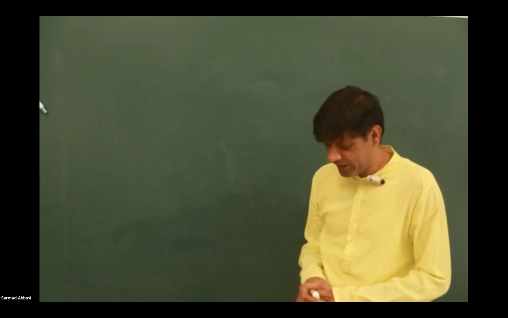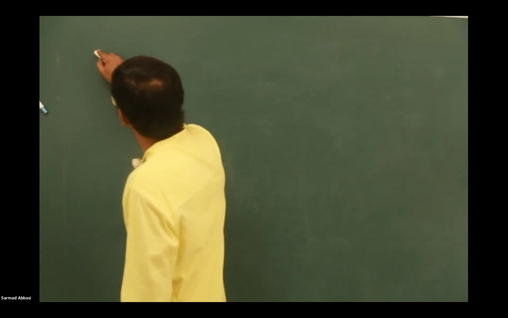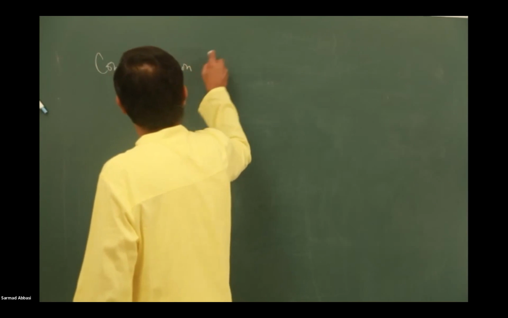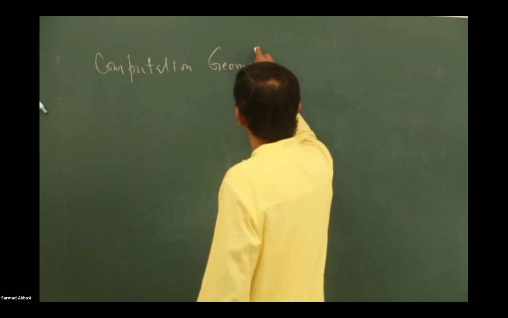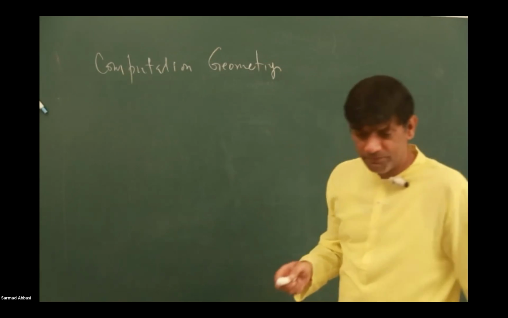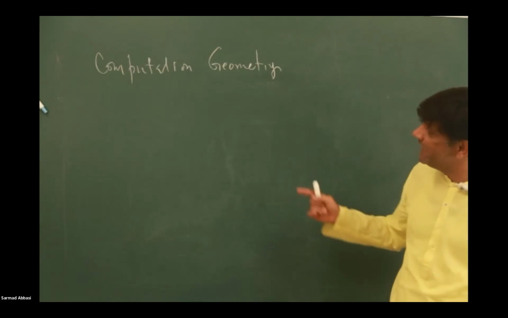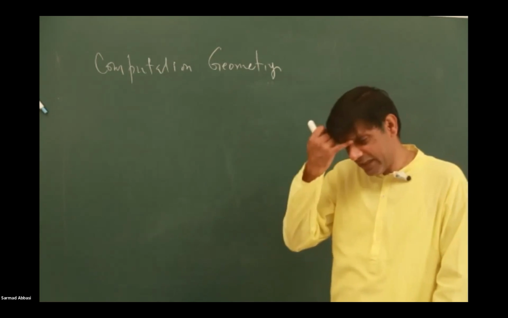There is this subject called computational geometry, which I am not very good at and probably never will be, but I keep reading what's going on in there once in a while.